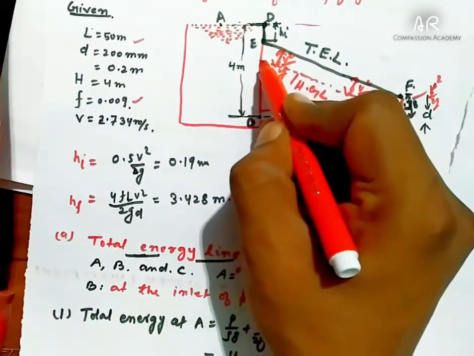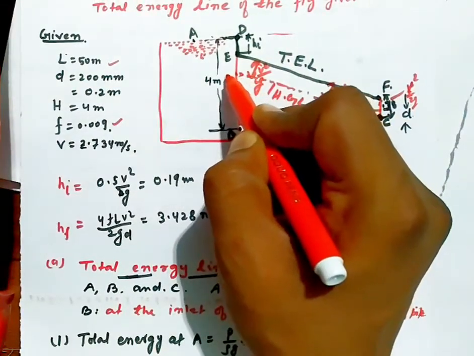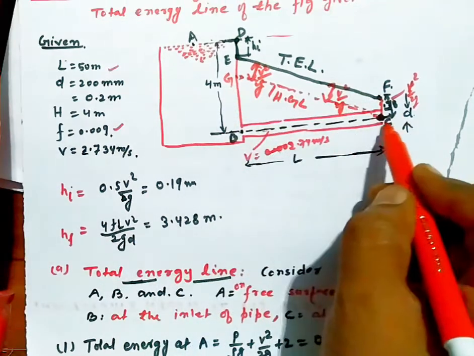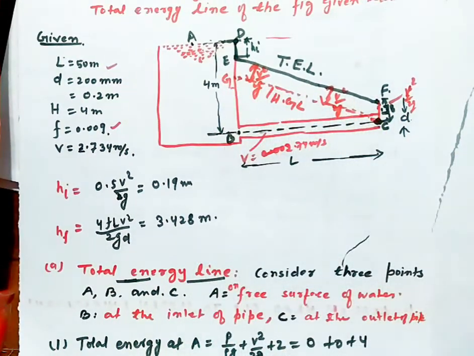Suppose this is G, then GC represents the hydraulic gradient line.